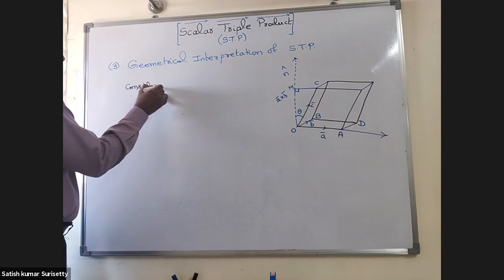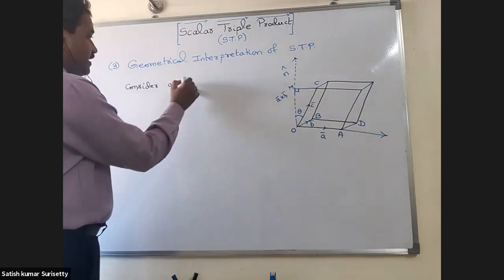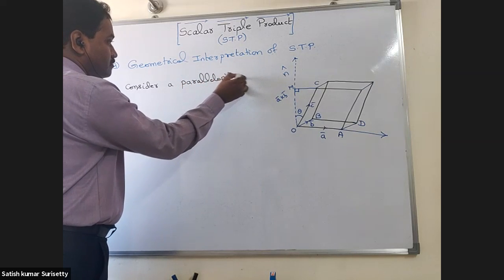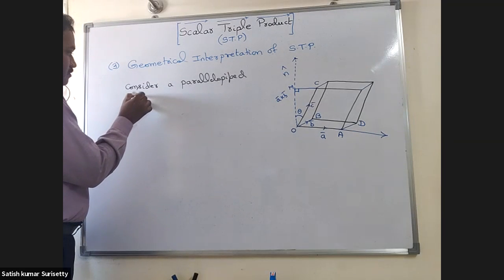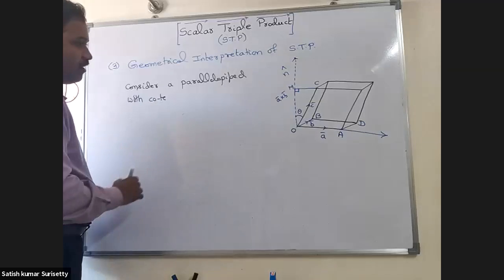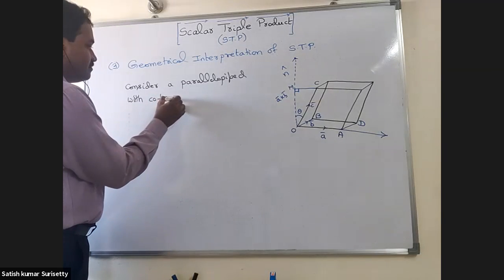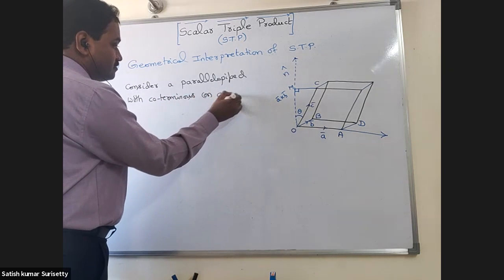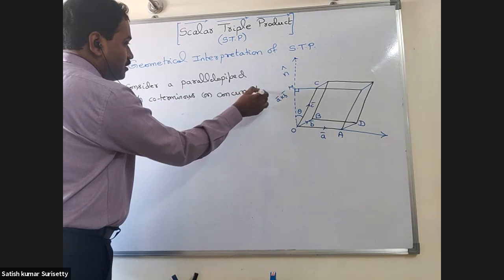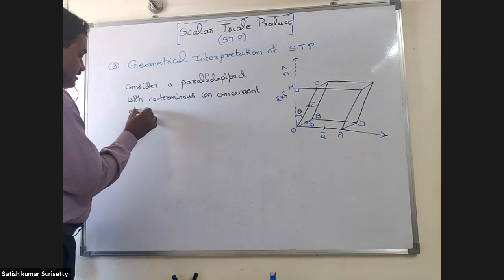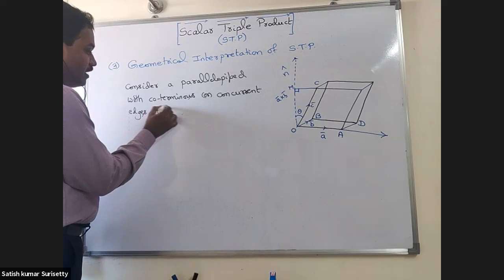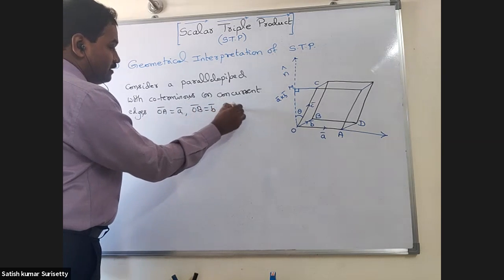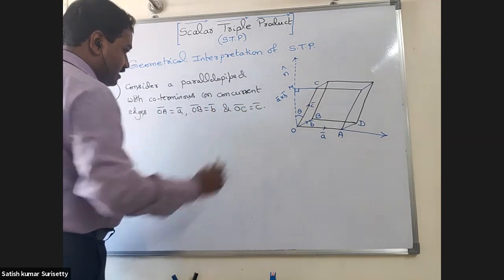Consider a parallelepiped with coterminous or concurrent edges, OA bar equal to A bar, OB bar equal to B bar, and OC bar equal to C bar.